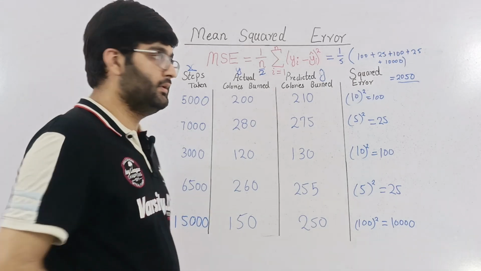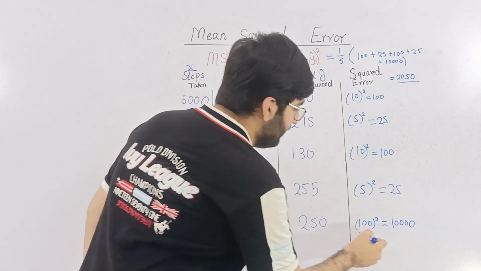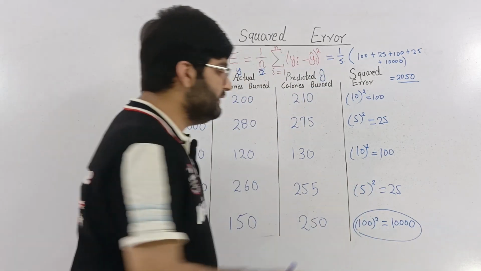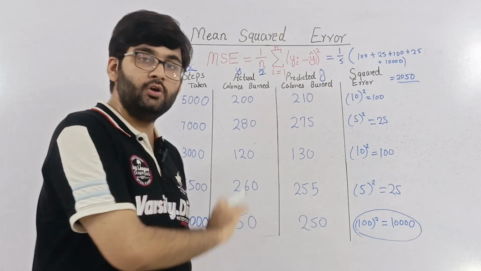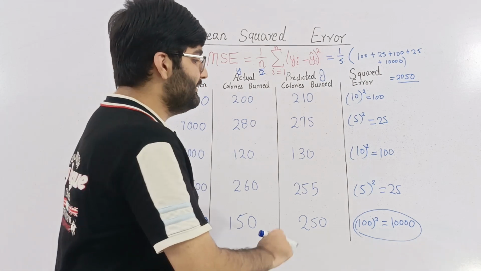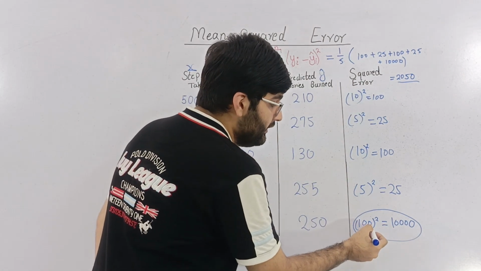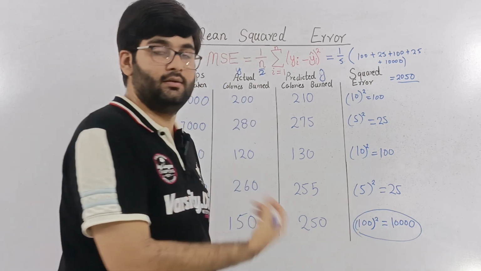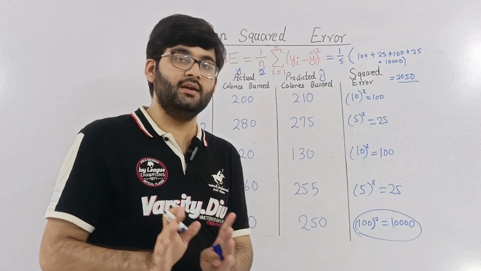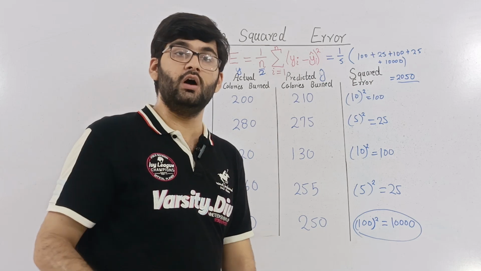So again, this value here is the outlier, which is too big and too beyond the range of the other values. But with squared error, it is growing exponentially big. So squared error is highly sensitive to outliers.